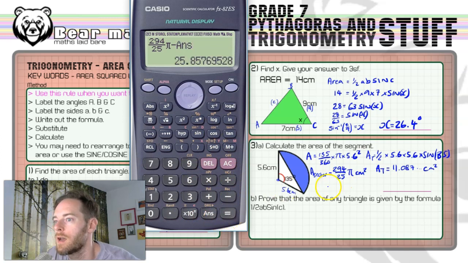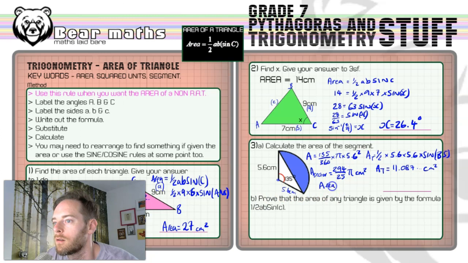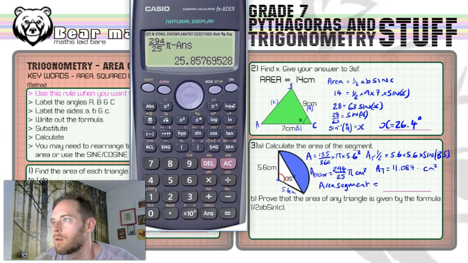Okay, so that's the area of the segment. 25.85, and let's just do 3 significant figures again. So 25.9.